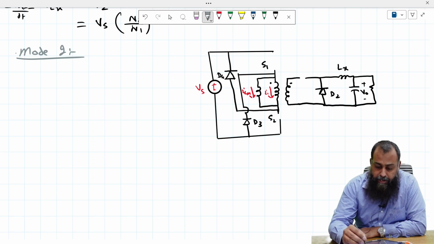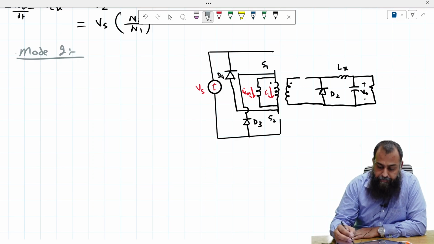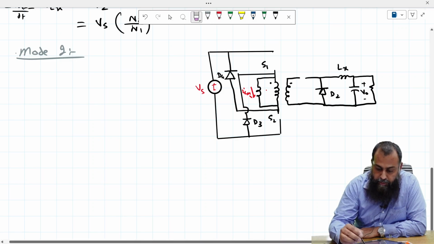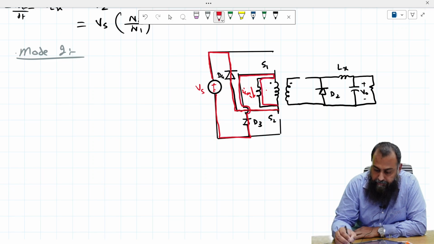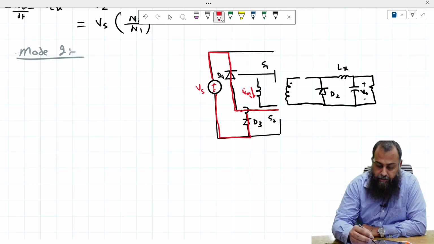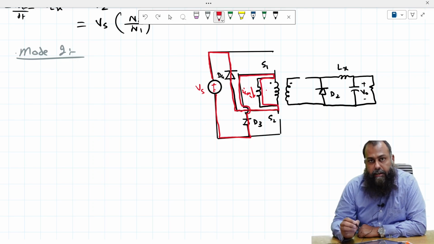The point here is that we have a current ILM that will flow through this path. It goes through this diode D4, into the positive terminal of Vs, comes out of the negative terminal through D3, and this is the path of the inductor current.